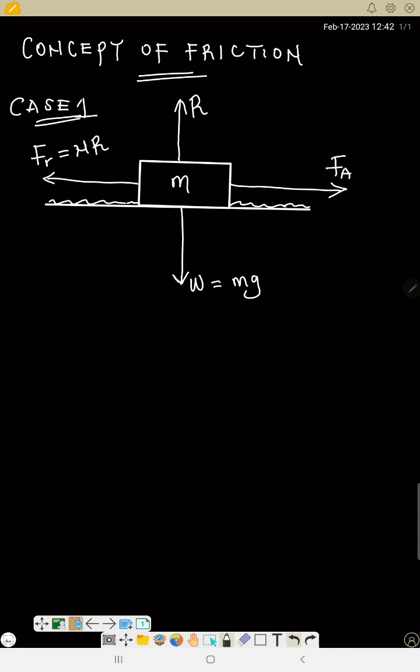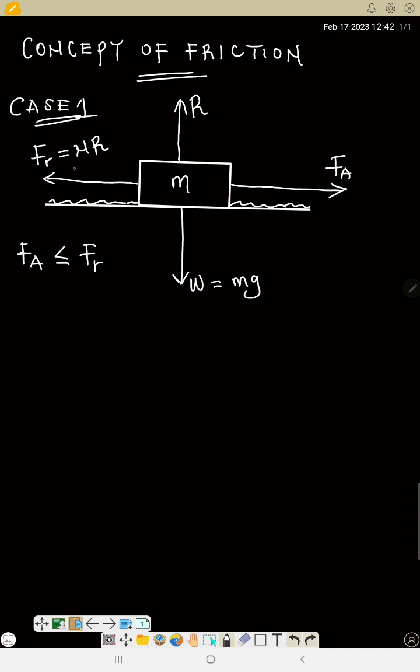So if this block is not moving, many things can happen here. If the block is not moving, that means your applied force must be less than or equal to your frictional force. That is, for this block to stay at rest, your applied force is less than or equal to frictional force.